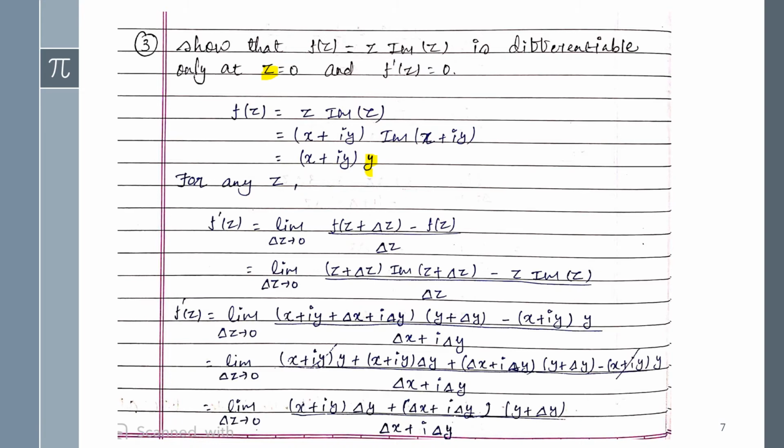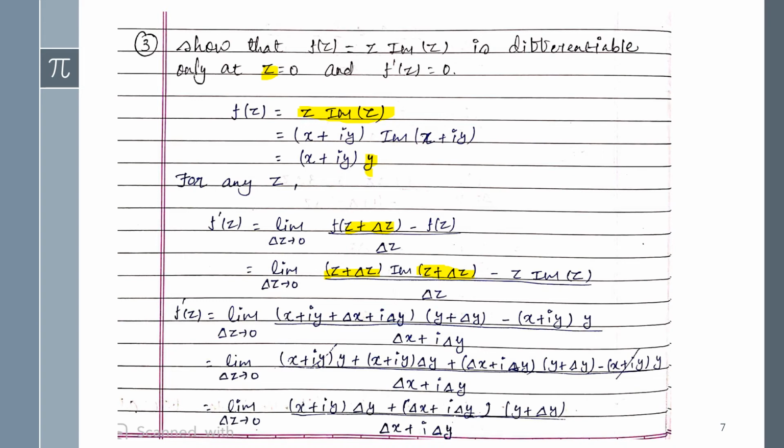So first of all, I'm going to represent this function z into the imaginary part of z. So in place of z, now we'll write z plus delta z. So I have written it into imaginary part of z plus delta z, minus. Now here what you have to do is just write z in place of z.